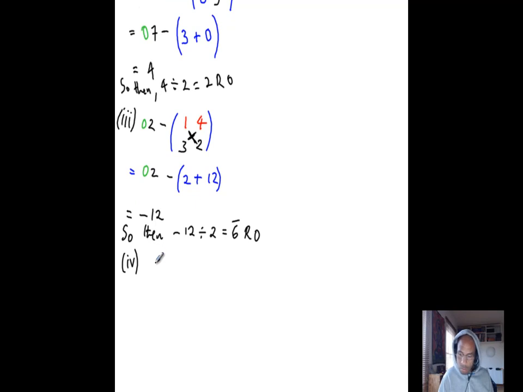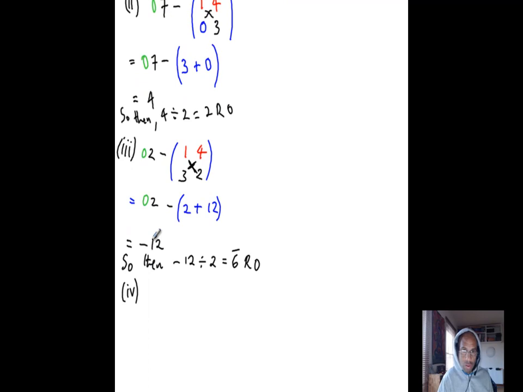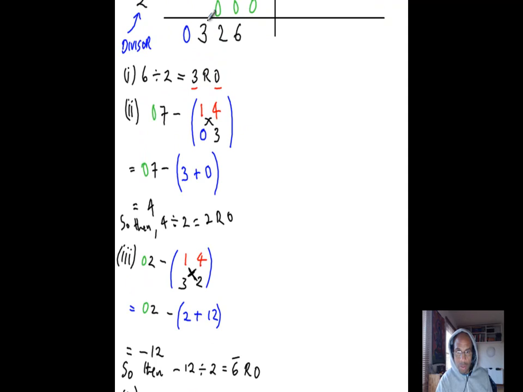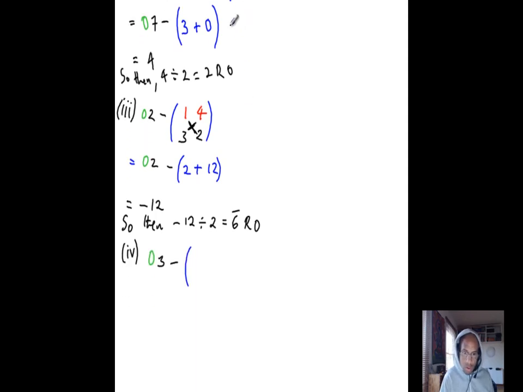So we want 0, 3, take away, and then the latest 2 digits in the quotient happen to be a 6 and a 2. So 6 first and then a 2 next.